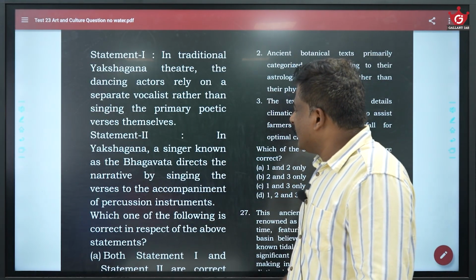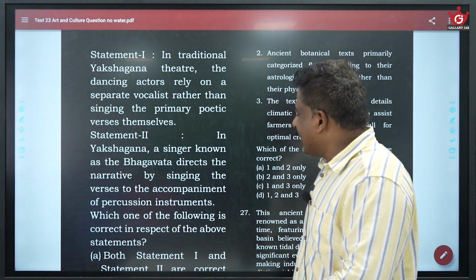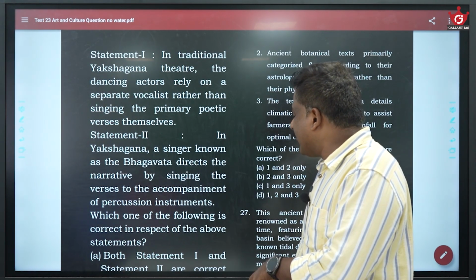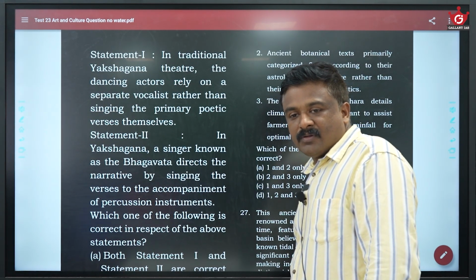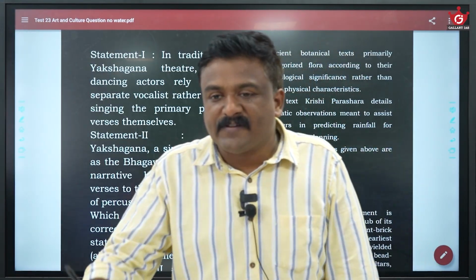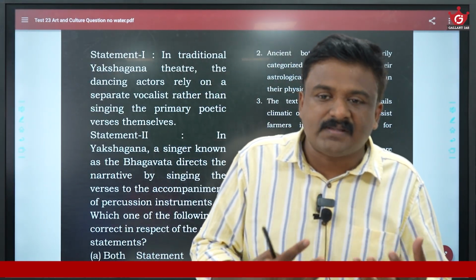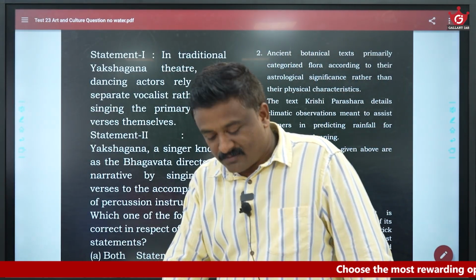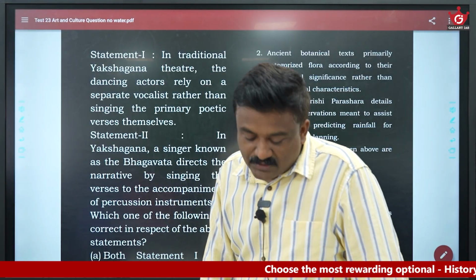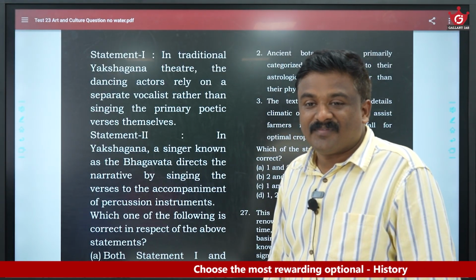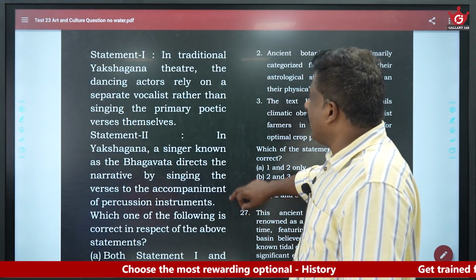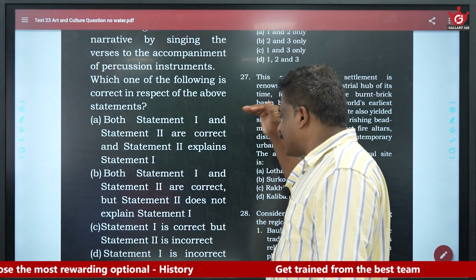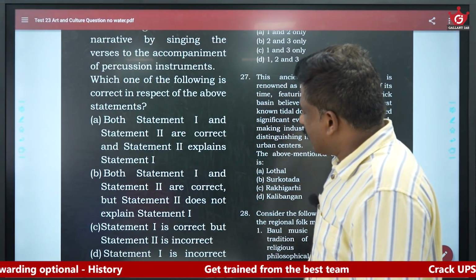Then the reason: the singer known as Bhagavata directs the narrative by singing the verses to the accompaniment of these percussion instruments. Do you think the second explains the first one? This is a basic thing I'm asking you. Yes or no? Yes. Okay, then I will go for this, A. Both the statements are correct and statement 2 explains statement 1.